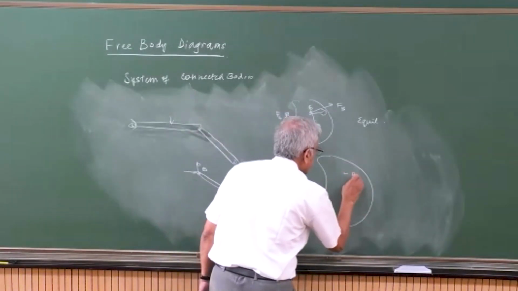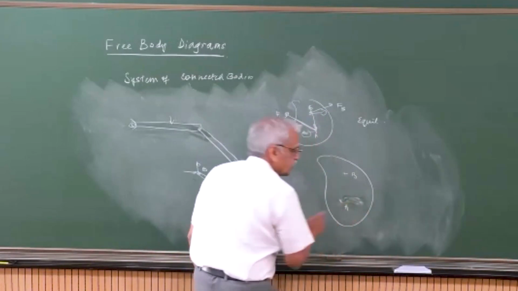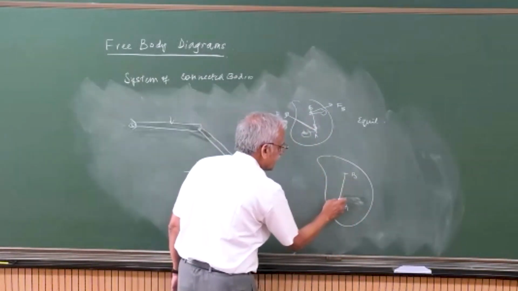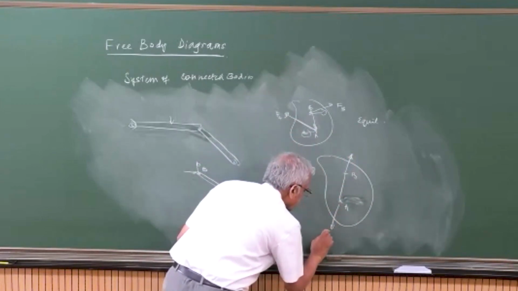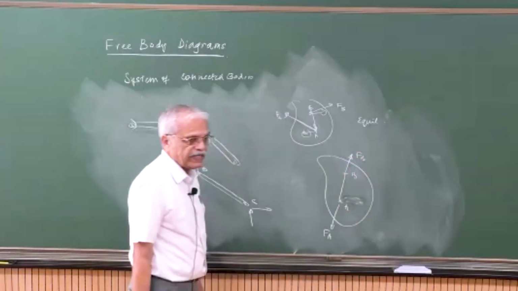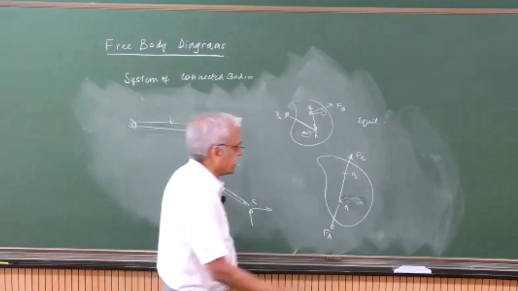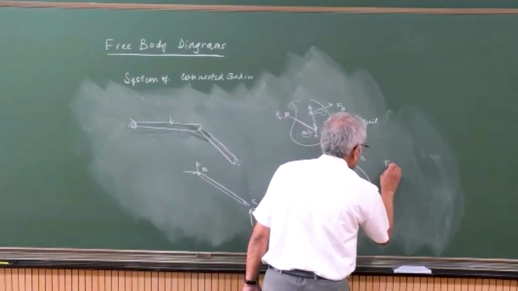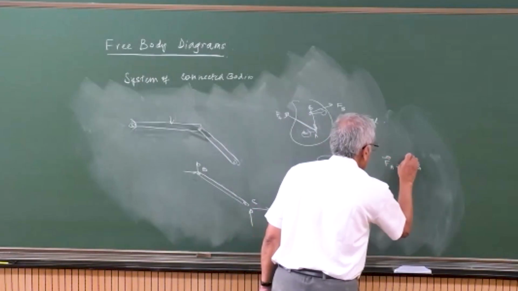So that means that if you have a B and if you have an A here, what we can definitely say is that the forces at these two points should be in line with AB and they should be equal and opposite. So FA is minus FB, right?